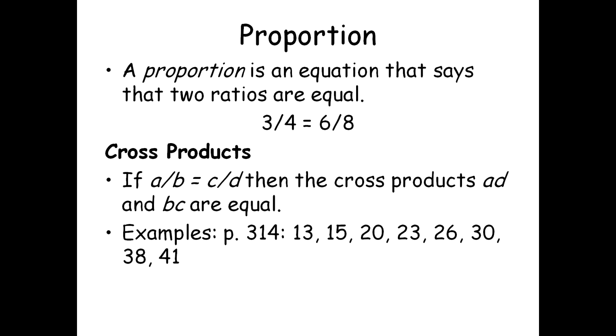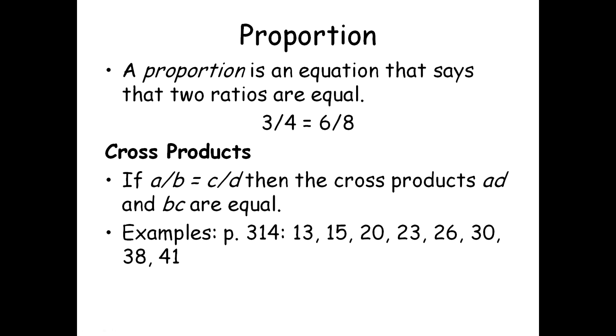If we have a fraction like this, 3/4 equals 6/8, we can see if a cross product exists. So if A divided by B equals C divided by D, then the cross products AD and BC are equal.